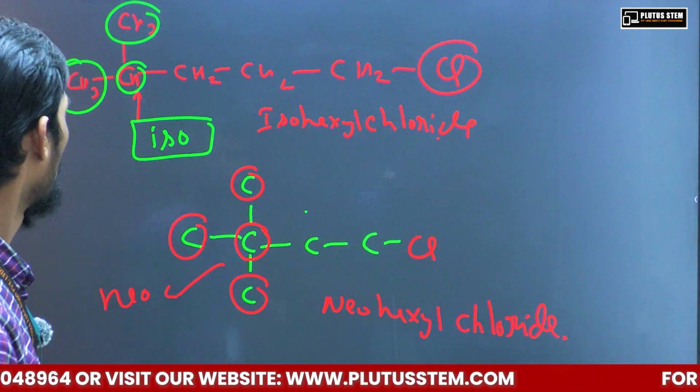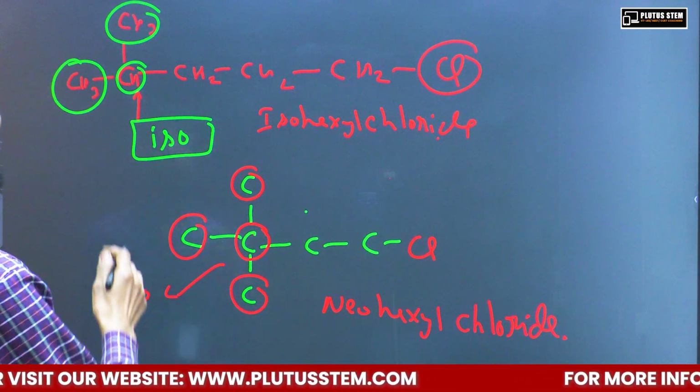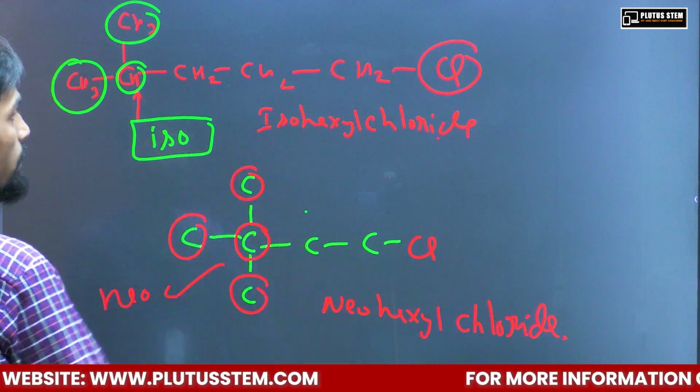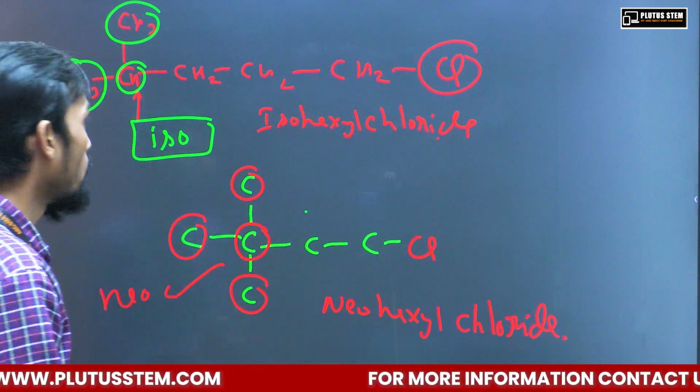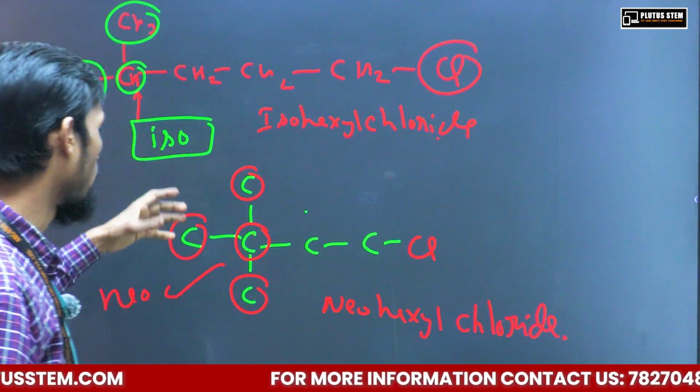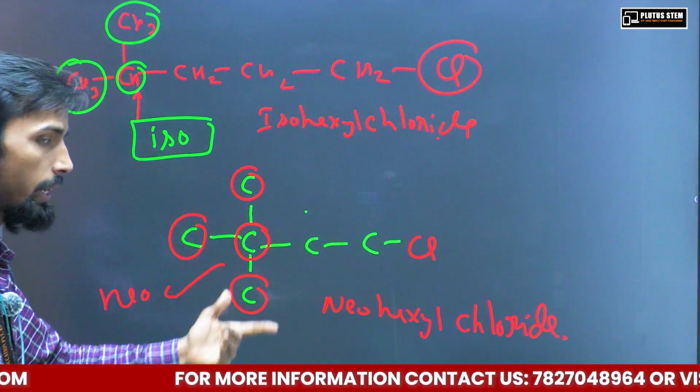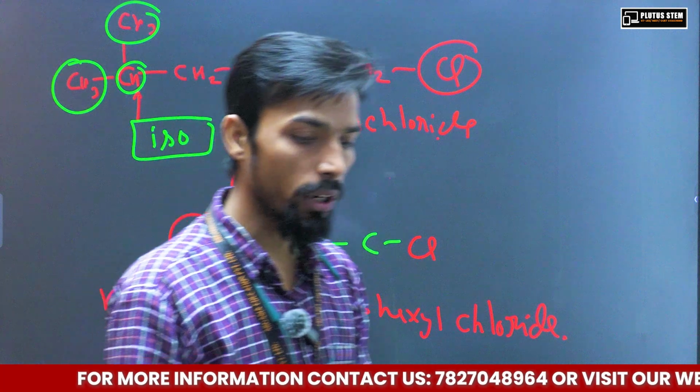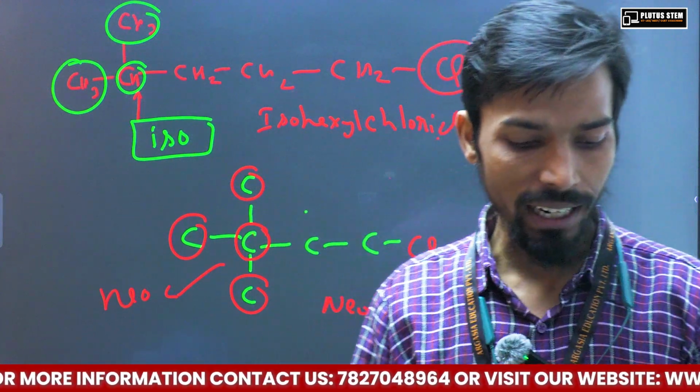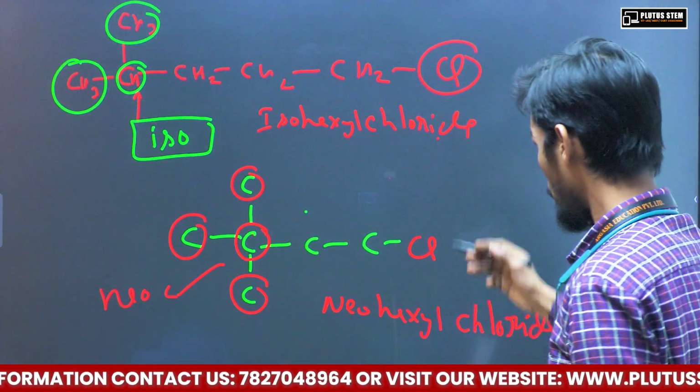So both have the same hydrogen number and the same carbon number, but they have different common names. And we are also going to see the IUPAC name regarding this.